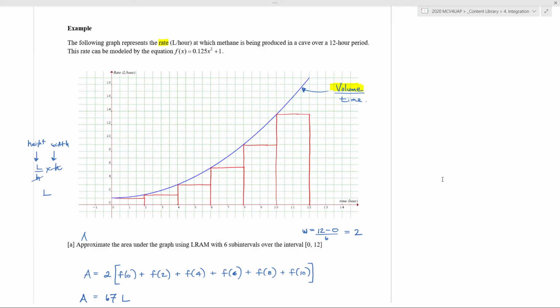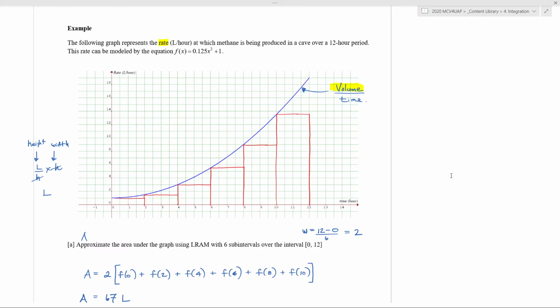So, part A says, approximate the area under the graph using LRAM with 6 subintervals. So we're going to use rectangles. We're going to find the area of these 6 rectangles and add them up. Now, on the left-hand side of the graph, what I've written is that the height of each rectangle, the units would be liters per hour. And the width of each rectangle has the units of hours.